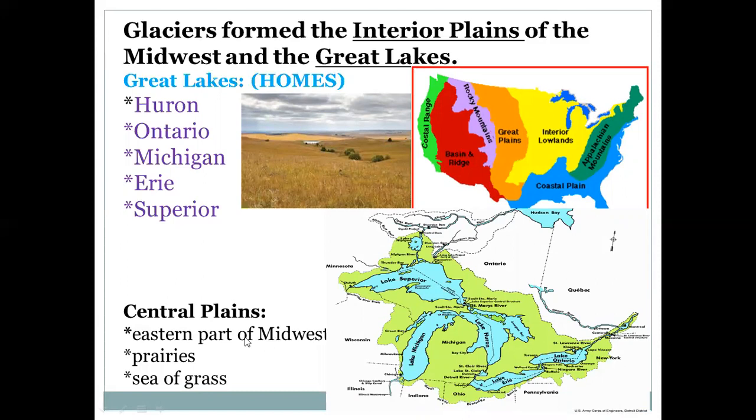When the early settlers saw the central plains, they described it as a sea of grass, because grasses grew very tall in this area compared with the other parts of the plains.